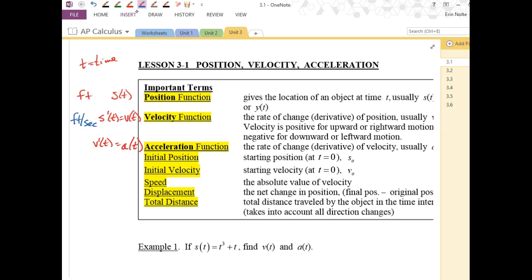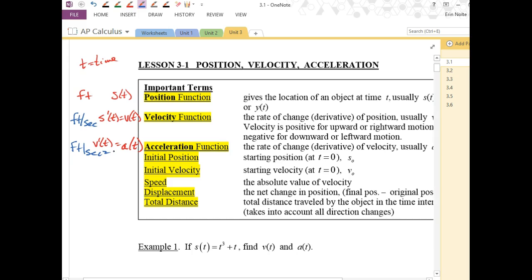Feet per second per second. You can abbreviate that a little bit: feet per second squared. So acceleration will always be feet per second squared, or whatever units they're using, like meters per second squared. Just the seconds are squared.